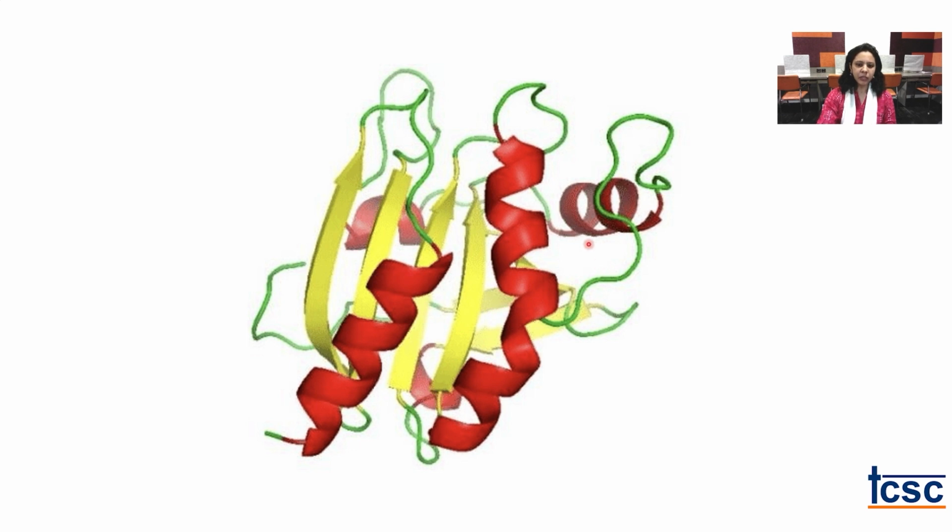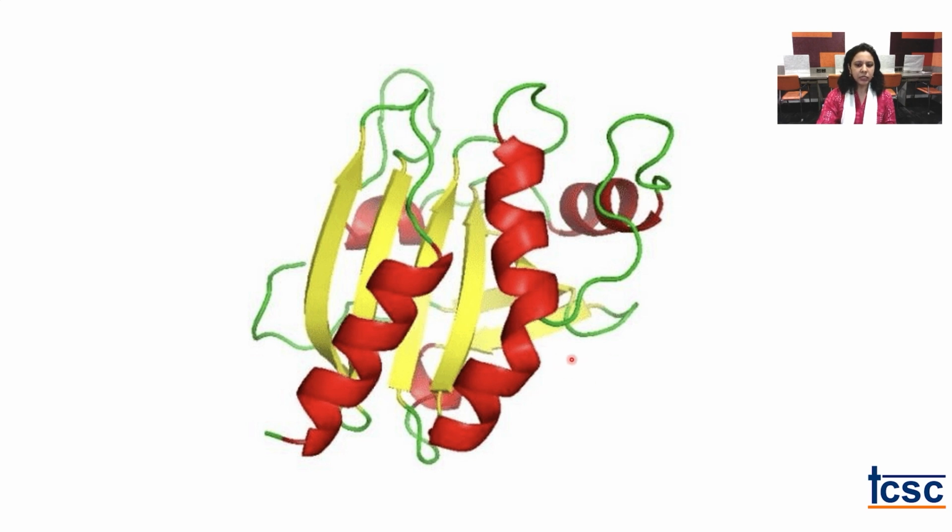All of them come together to form the three-dimensional structure of the polypeptide chain. This entire structure can be called the tertiary structure of the protein, because this gives us information regarding the association of the alpha helix and the beta sheets with each other.